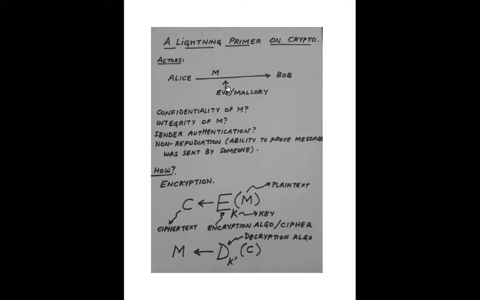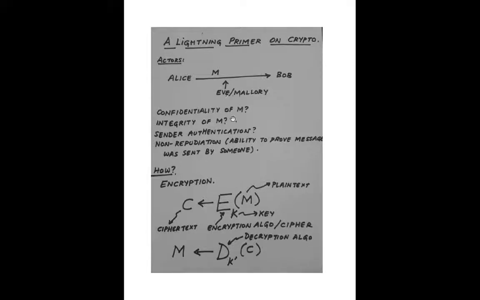The adversary can try to compromise the confidentiality of M, right? And it can do this by observing the contents of the packets and trying to infer what message Alice sent to Bob. Okay, so if preserving confidentiality is the goal, Eve or Mallory can just try to read the packets and infer the contents of the message.